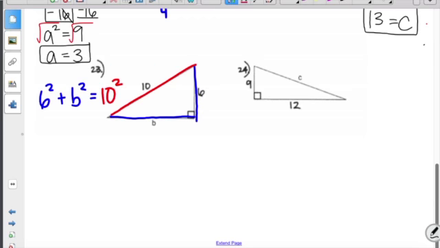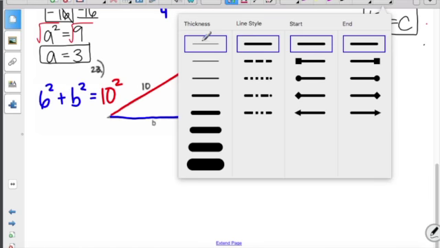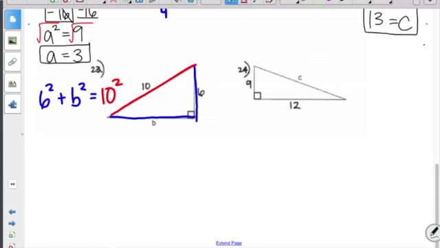Multiply with your exponents first. So we have 6 squared, which is 36, plus our unknown leg b squared is equal to 10 squared, which is 100. Since we're solving for a leg, we do need to subtract to get b by itself.